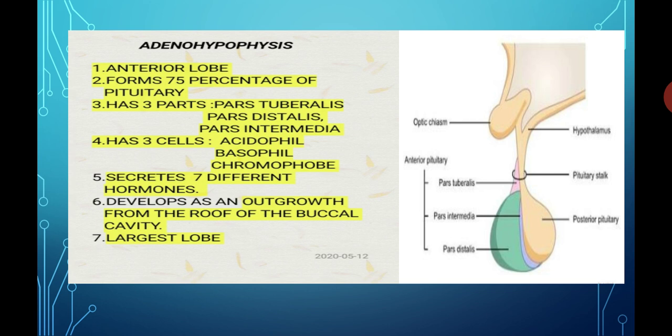Further, histologically, it consists of three types of cells: acidophil, basophil and chromophobe. So adenohypophysis histologically is made up of three types of cells: acidophils, basophils and chromophobes. This lobe secretes seven different hormones.